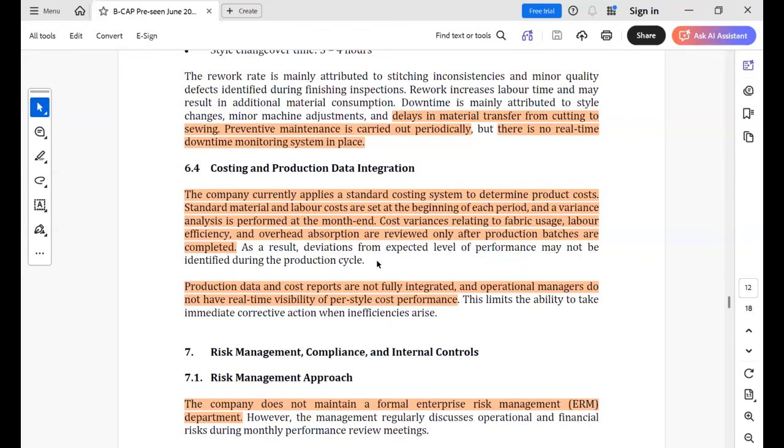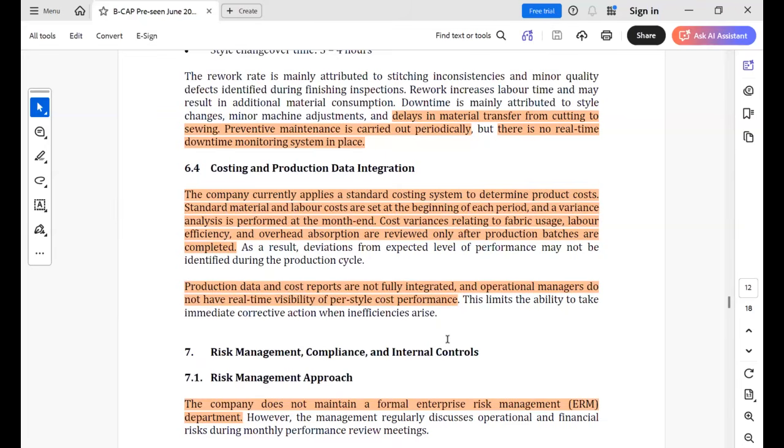That is another weakness, because you don't have an adequate, proper, sophisticated system, a good ERP system, right? The production data and cost reports are not fully integrated, and operational managers do not have real-time visibility of per style cost performance. You don't have a good ERP platform, and you don't have a good planning module.